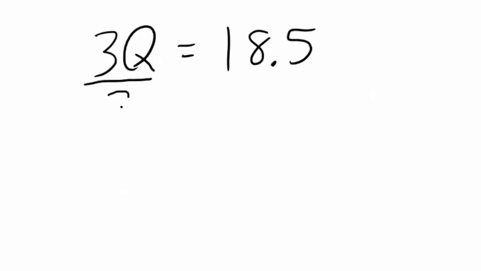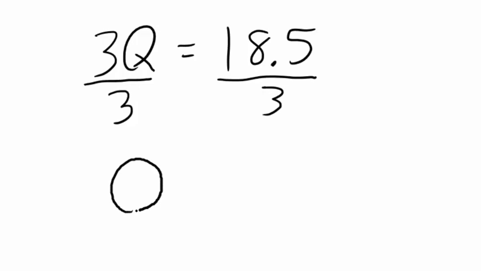And if we were to divide both sides by 3, we would get a profit maximizing quantity of 6.17. So in order to achieve our maximum profit, we would produce 6.17 units of whatever good we are producing.